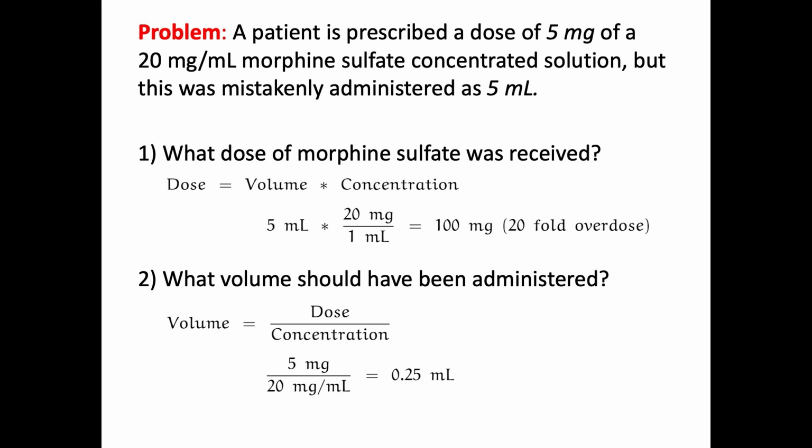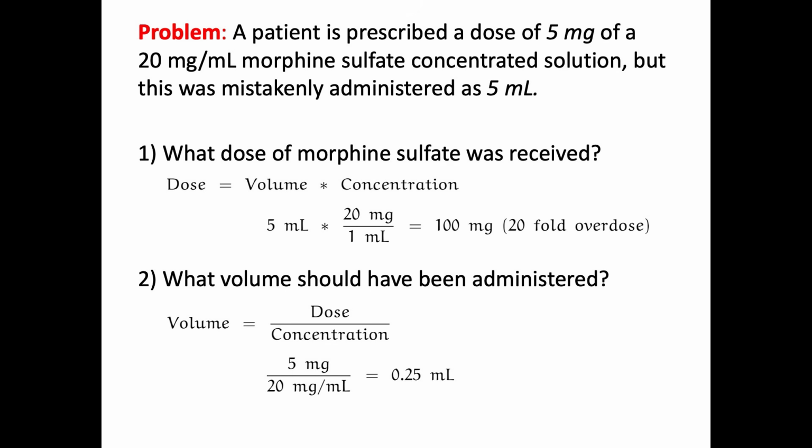Question 2 reverses that and says, okay, go back and do what should have been done the first time. What volume should be administered to give somebody a dose of 5 milligrams? Again, we know the dose we want is 5 milligrams. We know the concentration is 20 milligrams per milliliter. So now let's use the version of the concentration formula that says volume is equal to dose over concentration.